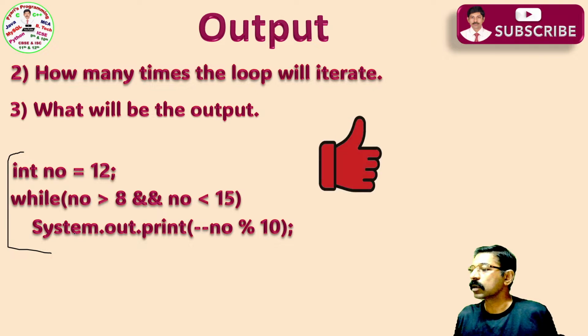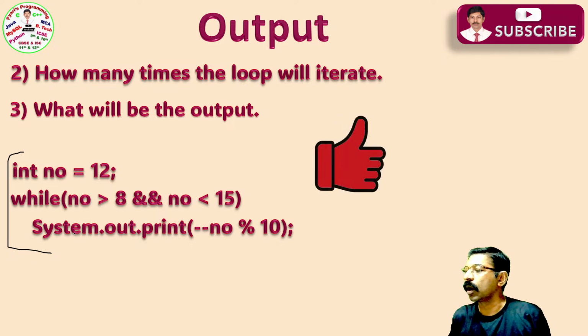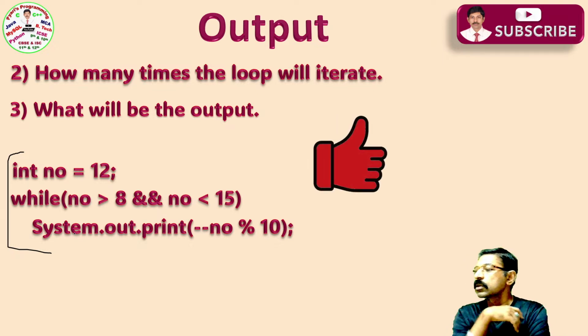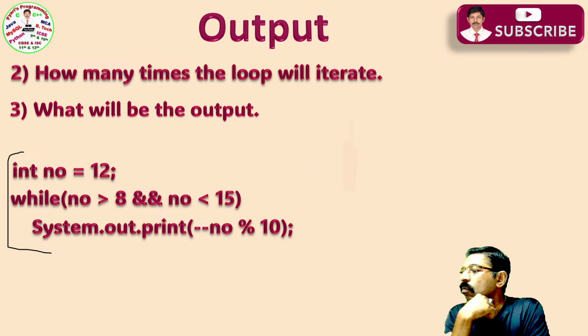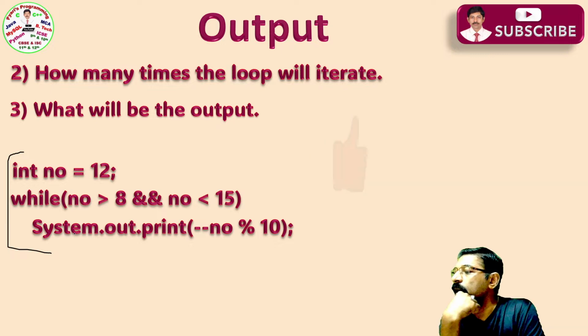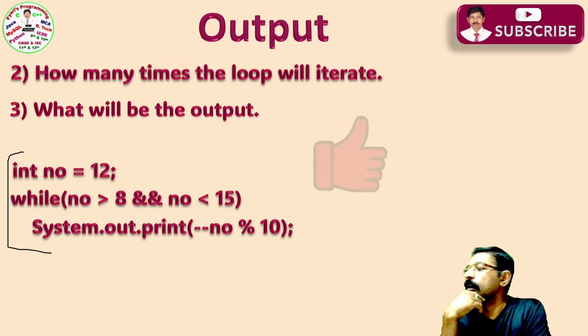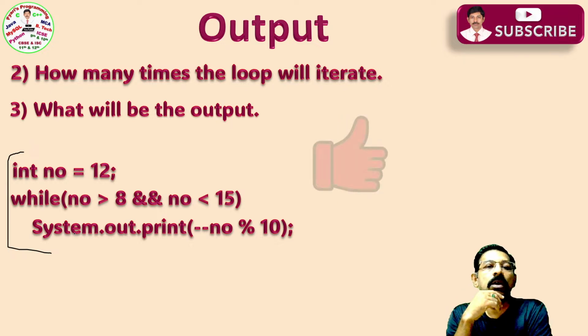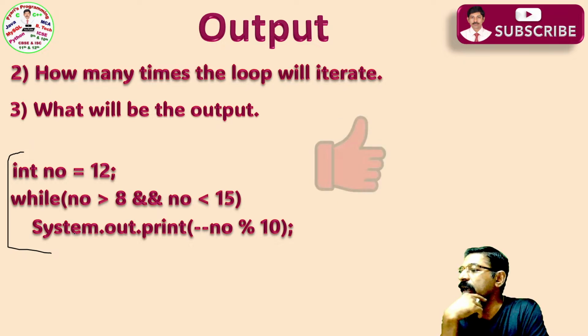I have not received one time and output will be 1. Rajesh says 109, 3 times. Question number 2, how many times will the loop iterate? Rajesh, 109 times the loop will iterate. Check your answer, Rajesh. And number 3, what will be the output? Output is 3 times.